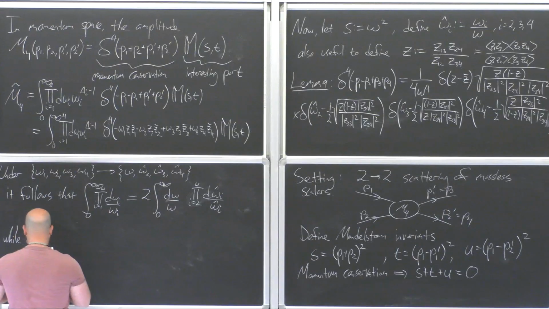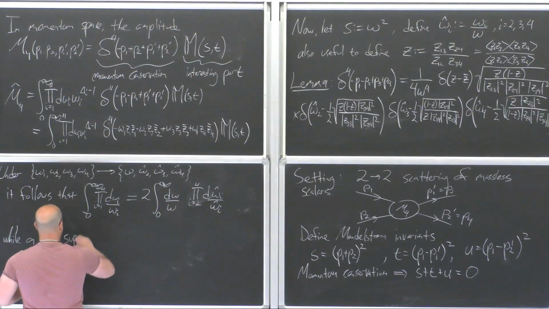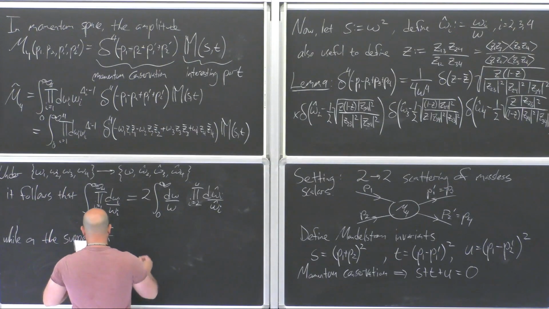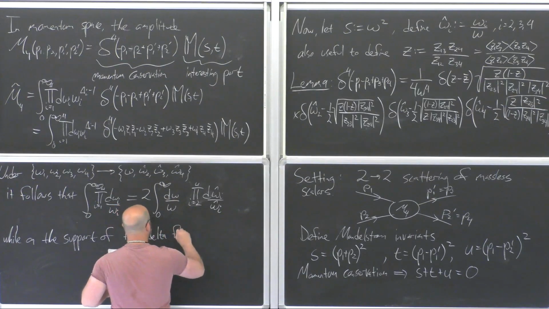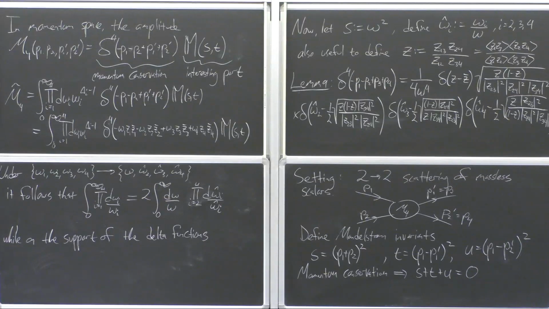Okay, so on the support of the delta functions that we have after changing variables, the Mandelstam invariant T, which is minus 2 omega 1 omega 3 mod Z13 squared.